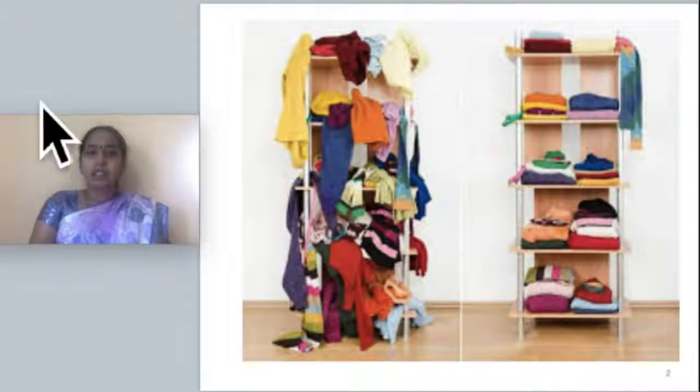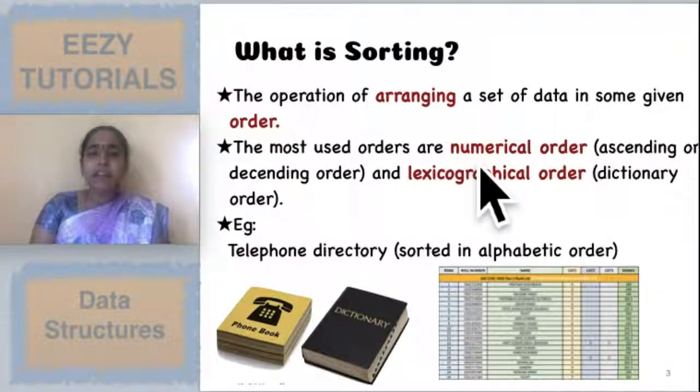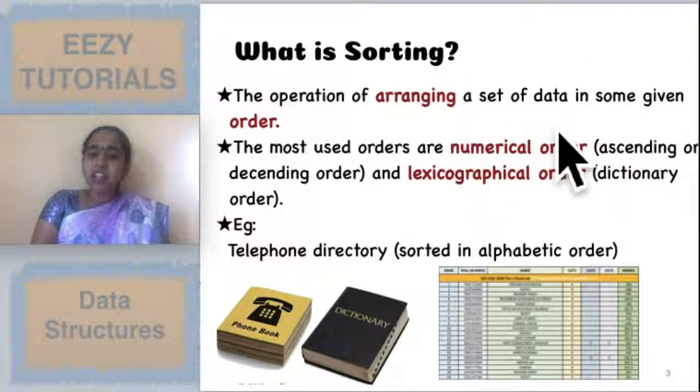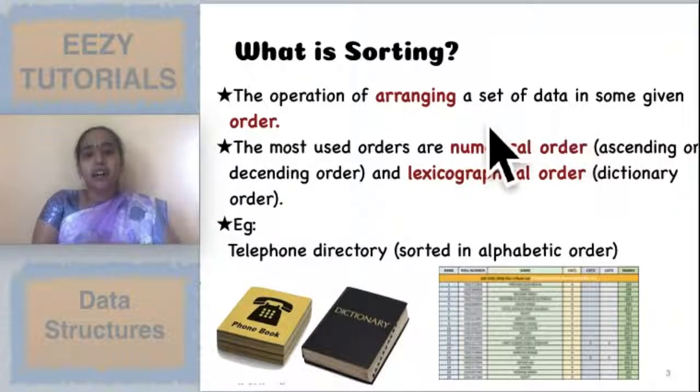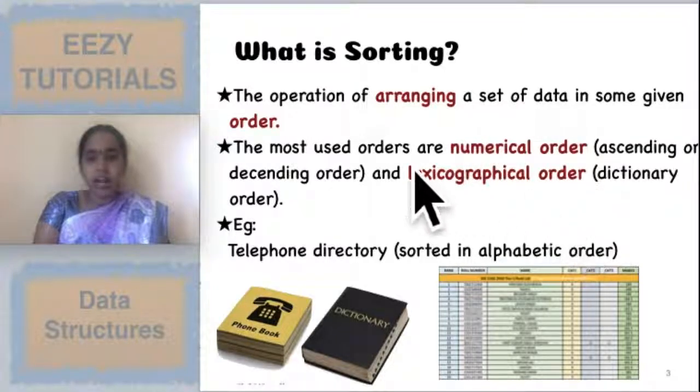In the same way, the technique of keeping things in an arranged order is called sorting. If you keep everything in sorted order, it will be easy for you to search for something. So what is sorting? The operation of arranging a set of data in some given order is called sorting. So what is that given order? Generally there are two types of order which we follow. The first one is numerical order and the second one is lexicographical order.